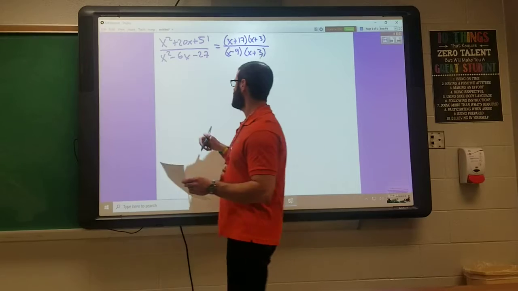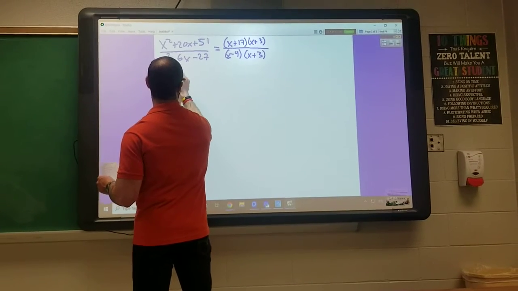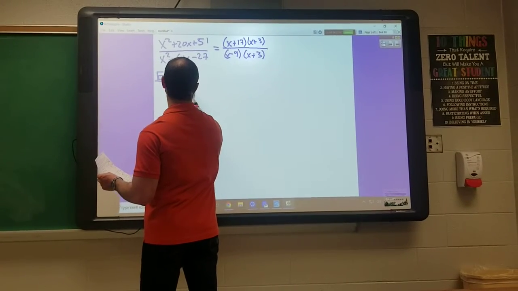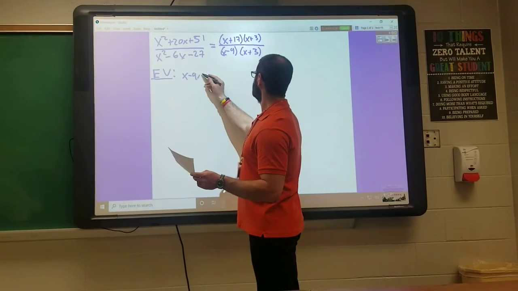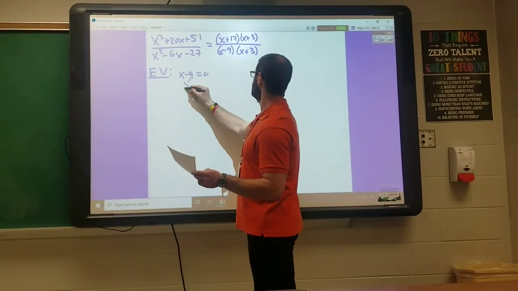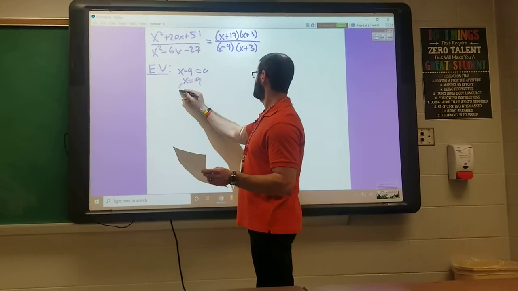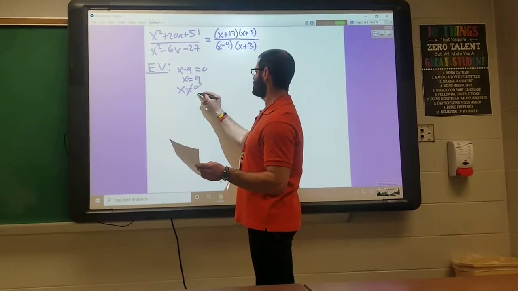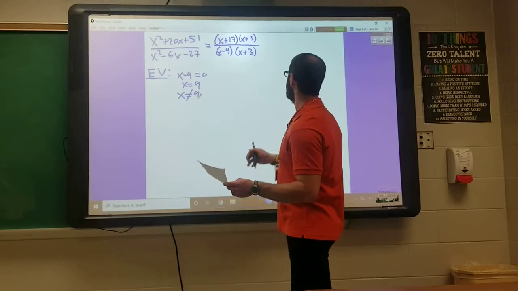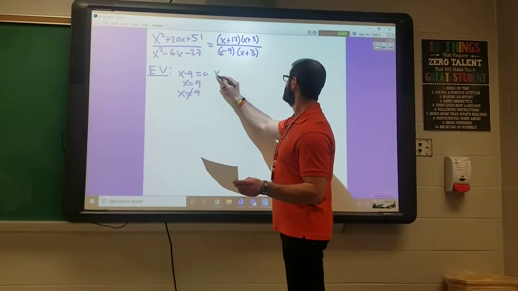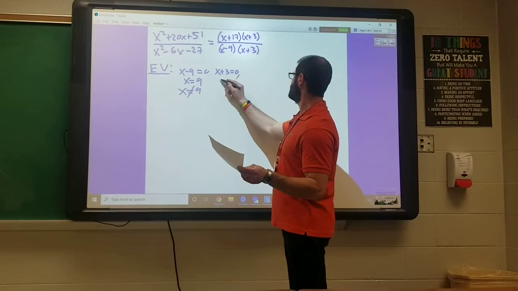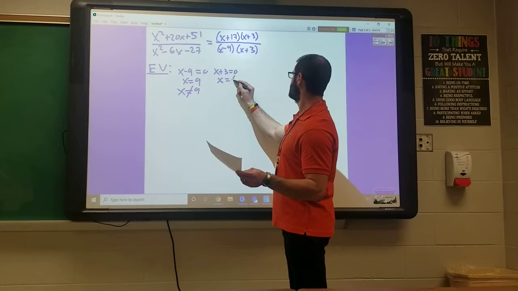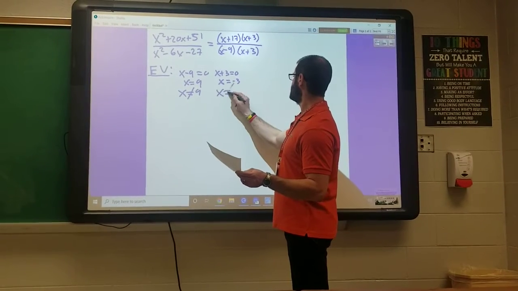Let's do our excluded values, okay? I'm just going to say EV, okay, excluded values. So x minus 9 equals 0. X equals 9 when I solve that. So x not equal to 9, that's one of my excluded values, 9. Then I do x plus 3 equal to 0. Subtract 3, so x is negative 3, which means x cannot be negative 3.